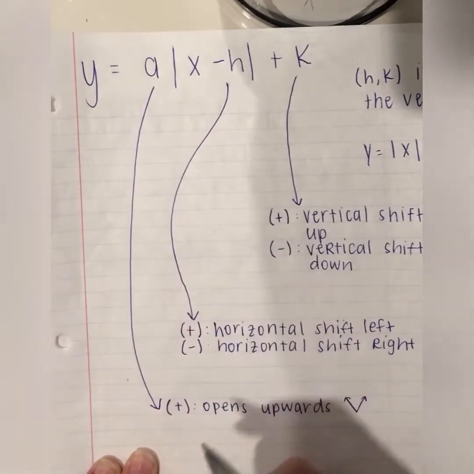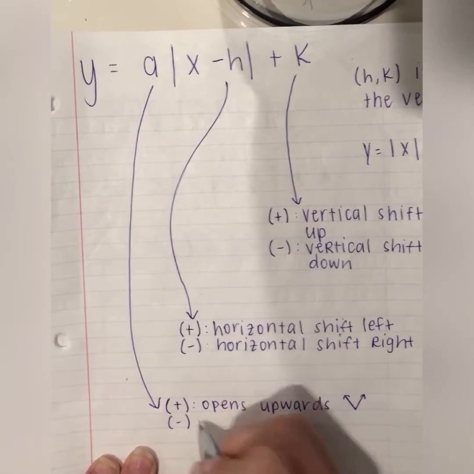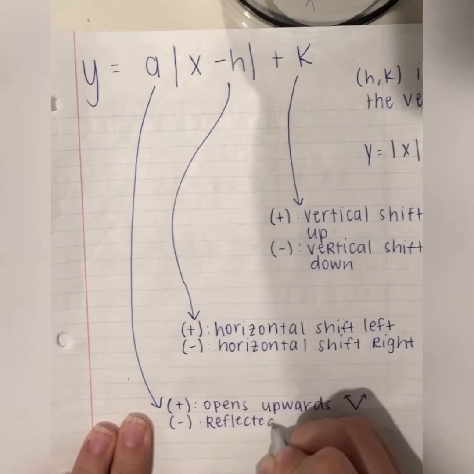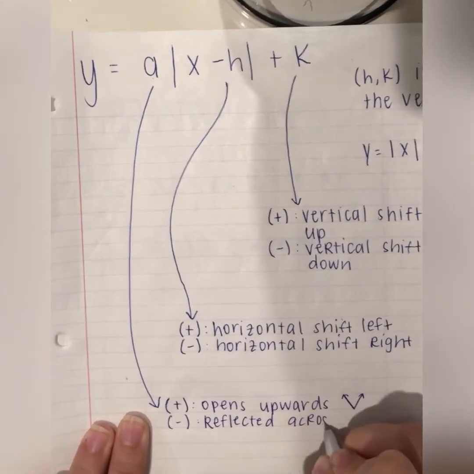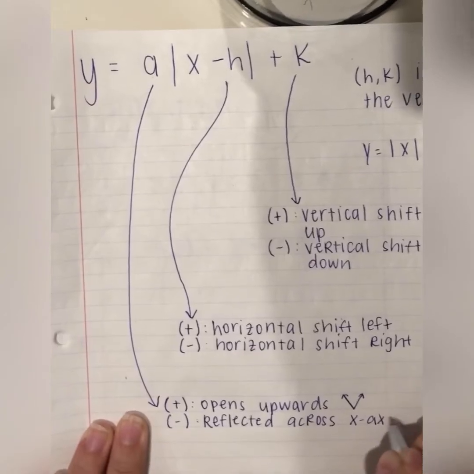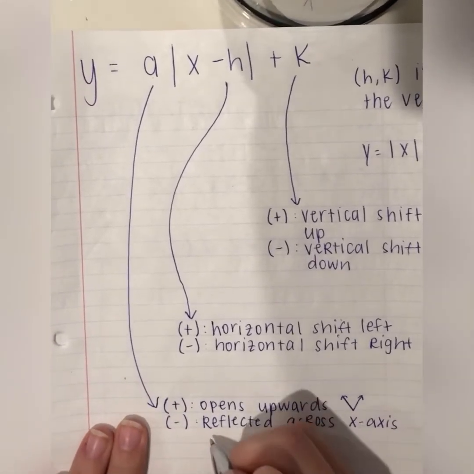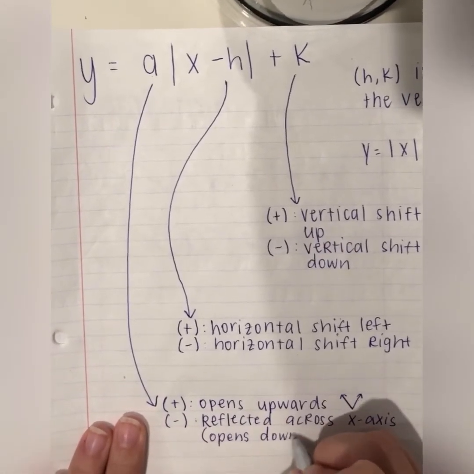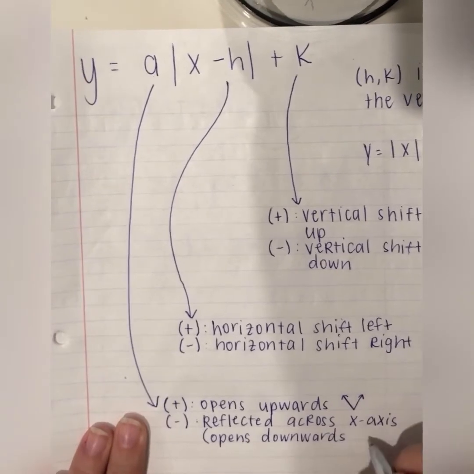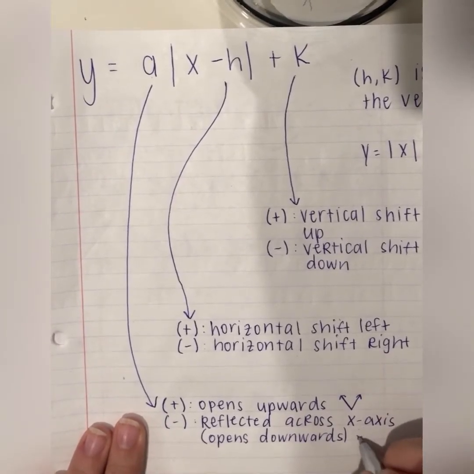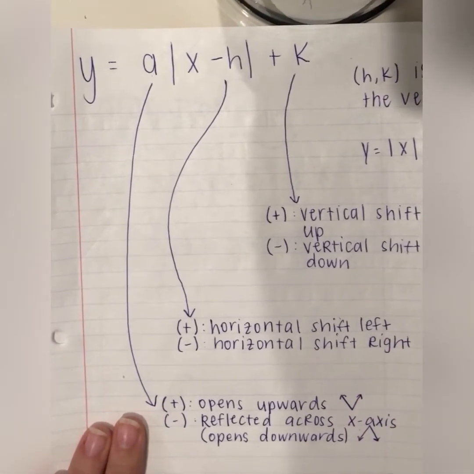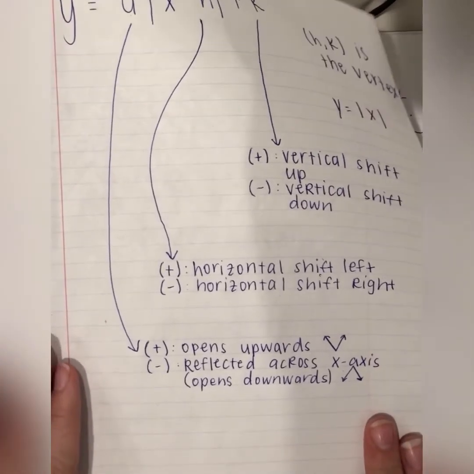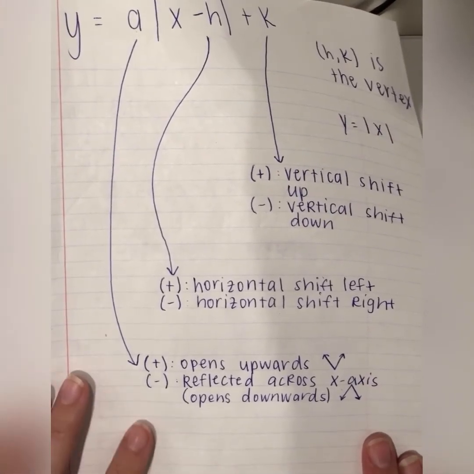If the value is negative, it is going to be reflected across the x-axis, or it opens downwards. So it would look like this on your graph.